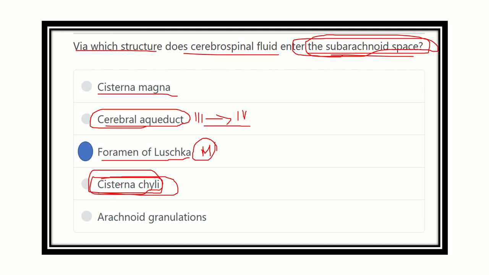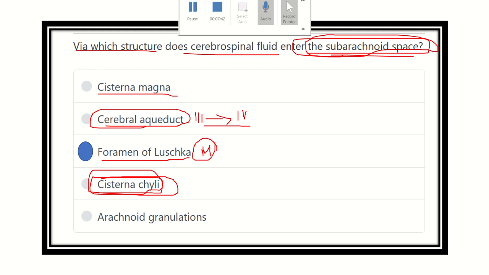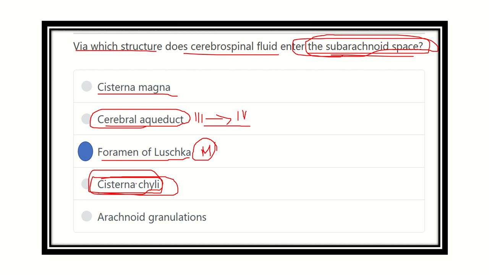Actually, the brain has no lymphatic vessels; the cerebrospinal fluid replaces them. The cisterna chyli is located in the abdominal area, so it is not related to the brain and cerebrospinal fluid. Then here we can see the arachnoid granulation.